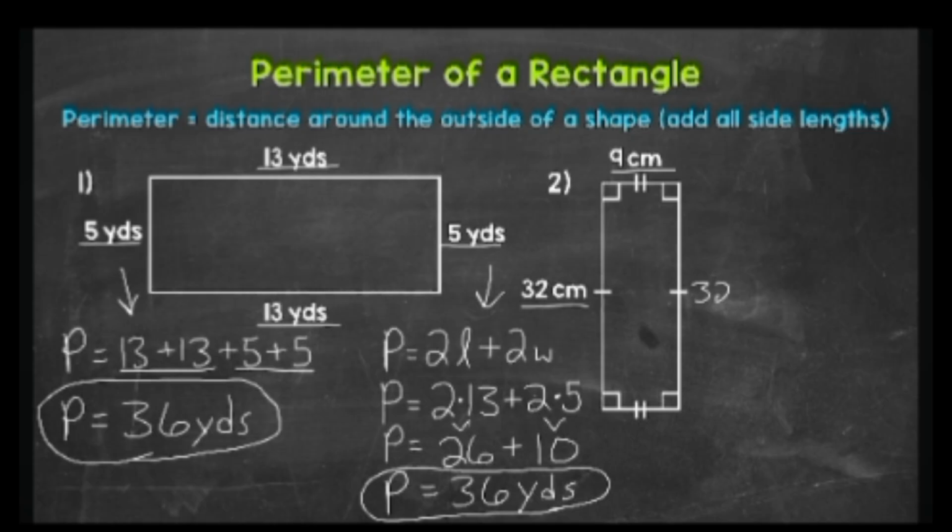Okay, now we are going to start the solution of figure number 2. You can clearly see that in front of 32 centimeter there would be 32 centimeter, and in front of 9 centimeter would be a length of 9 centimeter, as you can see in the figure above. Now let's solve the question.